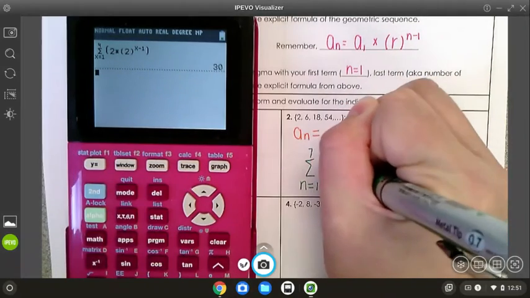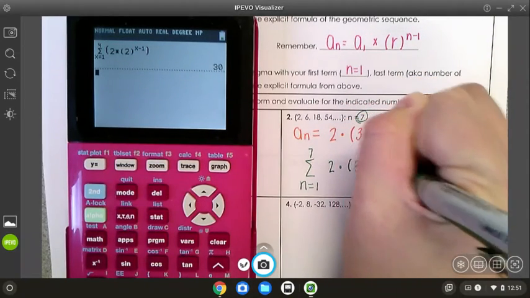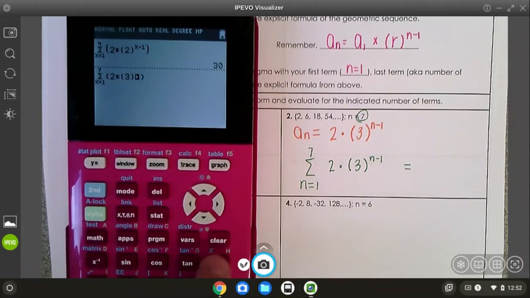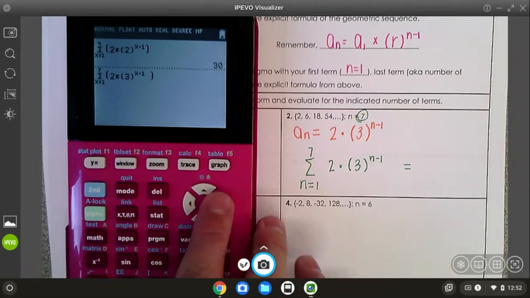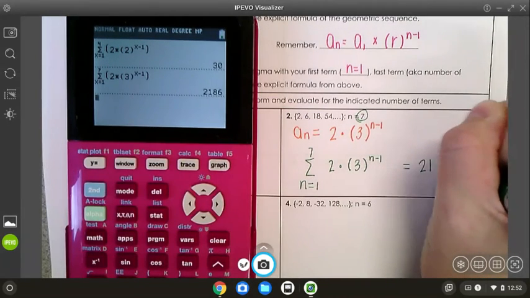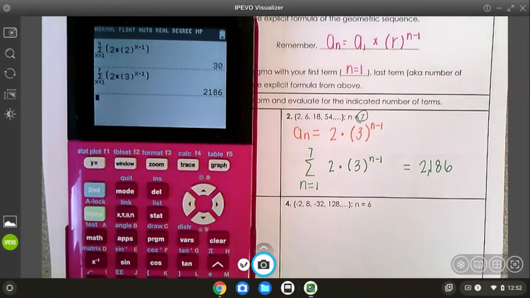And then our formula. Typing in the calculator. So you can see what I've typed in. Make sure yours matches. 2,186.